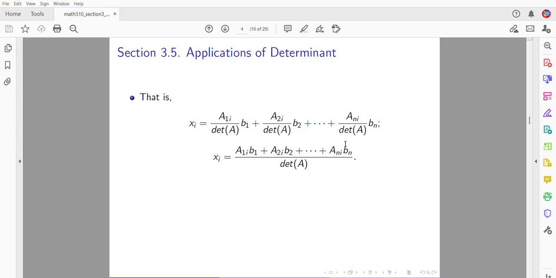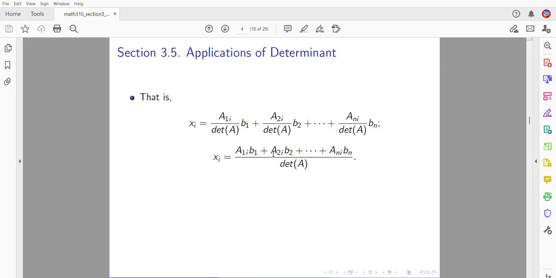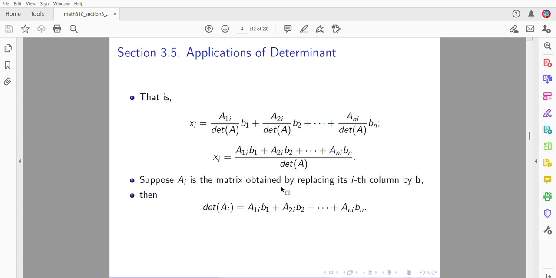If you remember the theorem, xi should have determinant A in the denominator. We got that. It is the numerator we now want to understand. Suppose Ai is the matrix obtained by replacing its ith column by B. Then determinant Ai is precisely this. You are using expansion along the ith column, and that's exactly what this is.